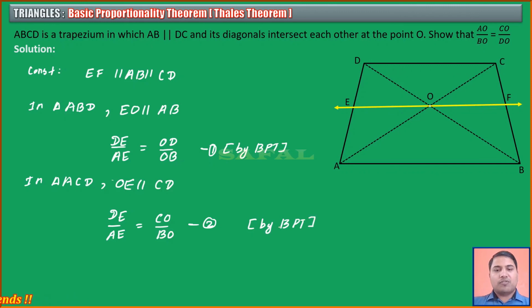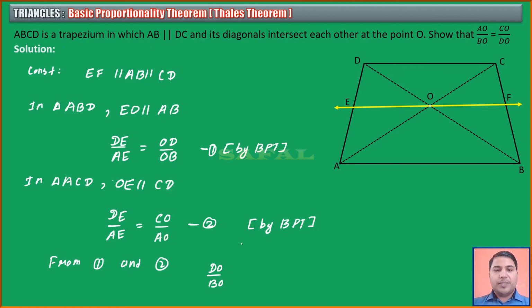Now if you watch carefully at 1 and 2, on the left hand side we have DE by AE in both. So from the first equation and the second equation I can say that DO by BO is equal to CO by AO.